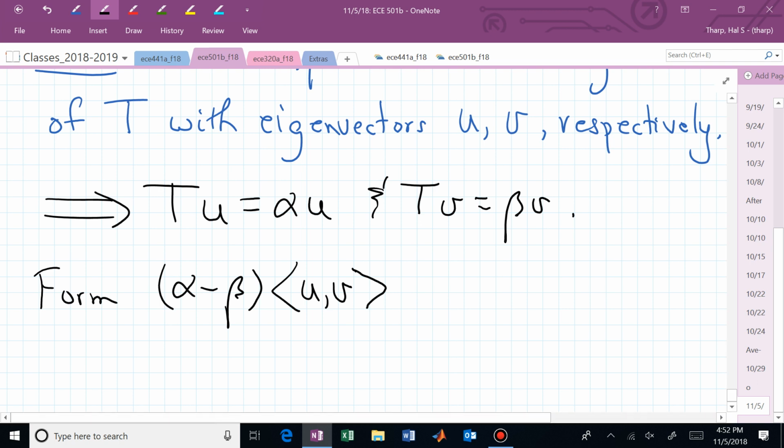So now let me just start with this expression and see if I can conclude that that inner product is 0. Suppose I now push that alpha and beta, or just basically separate this into two expressions. I can now say that that's alpha times the inner product of u and v minus beta times the inner product of u and v.